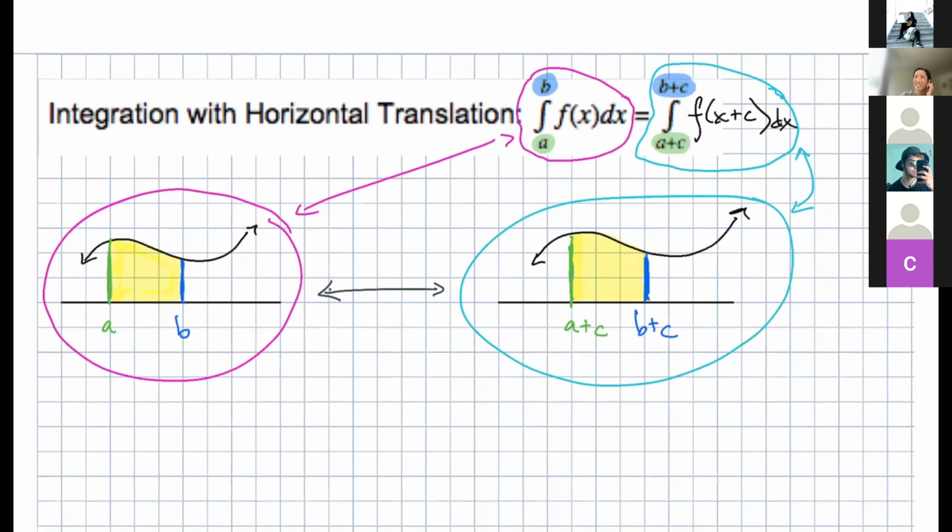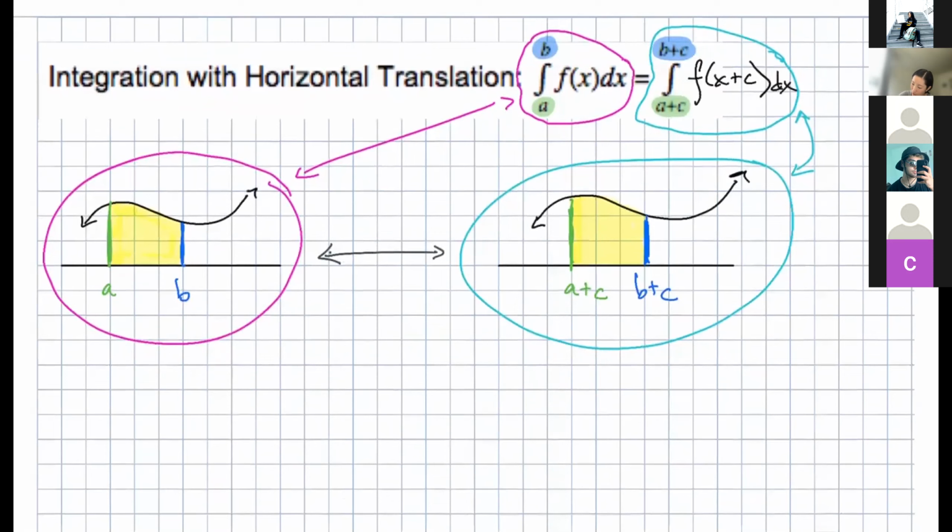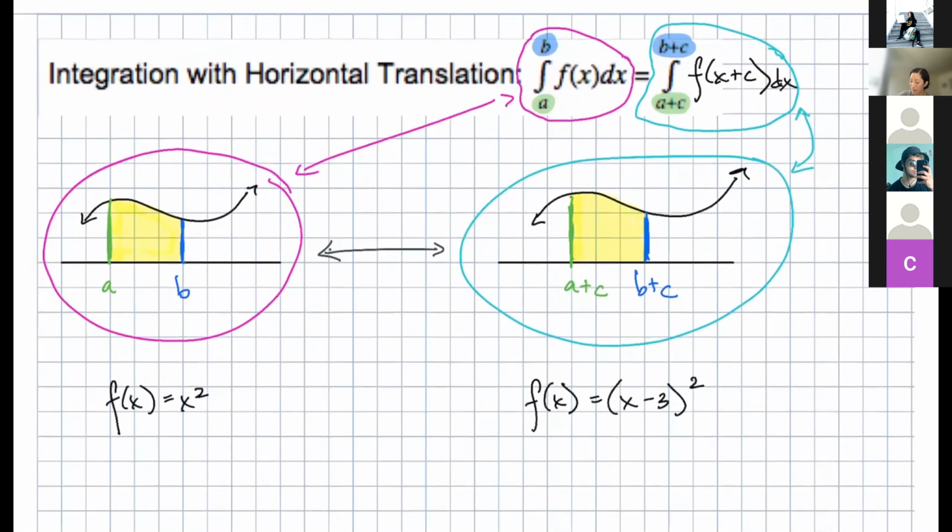Yes, exactly. Kind of like when we were doing all of those graph transformations, if you were in Math 116 and we were like, oh, f of x equals x squared, and then what does this do? And this 3 just moves that parabola to the right 3.